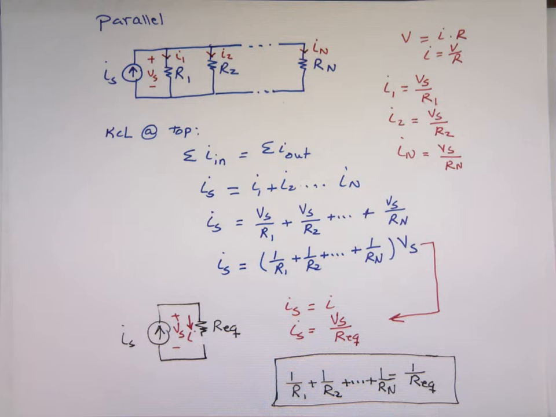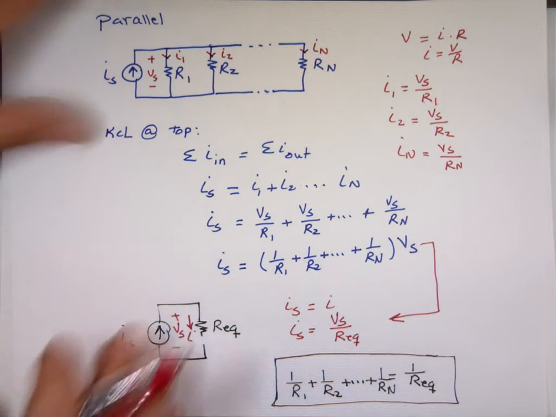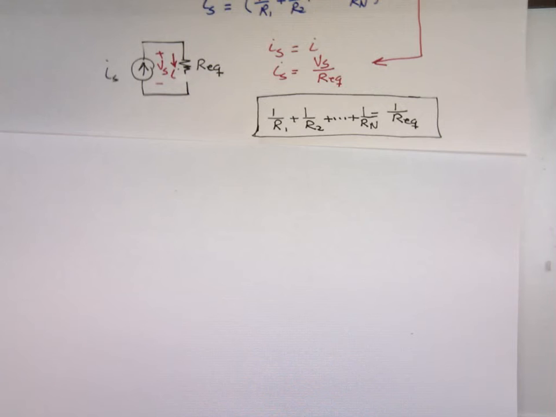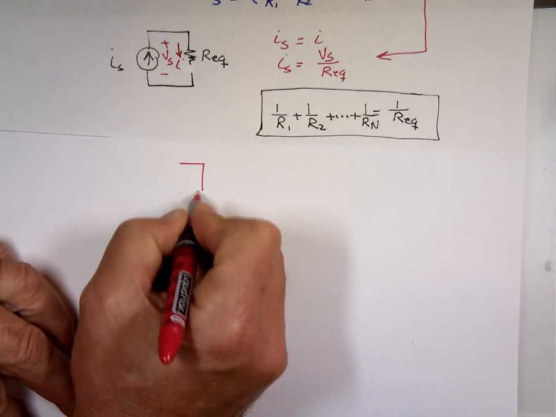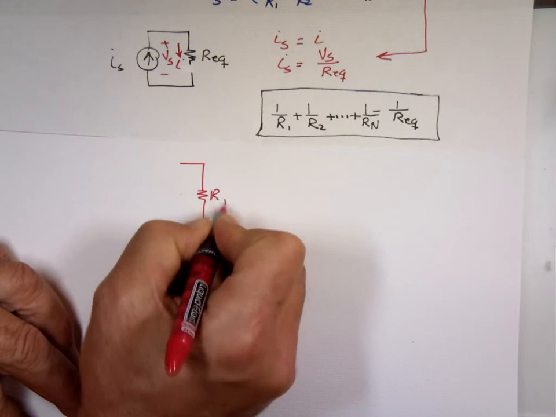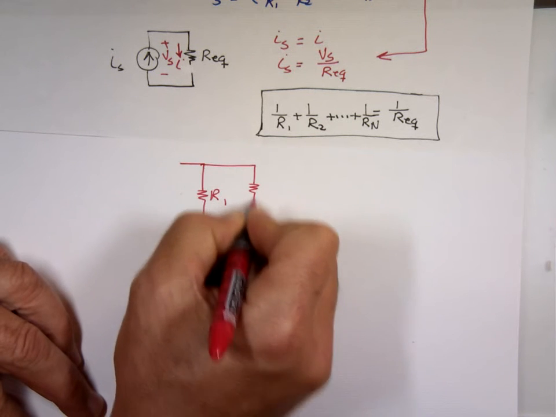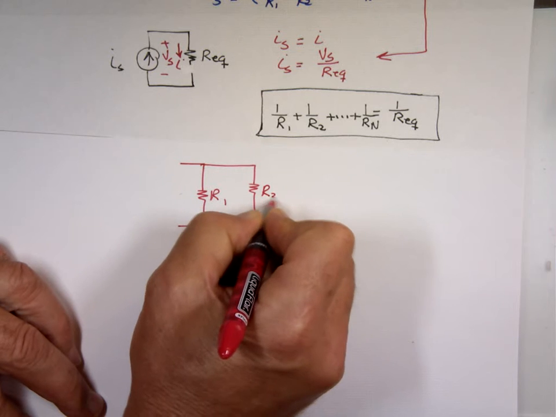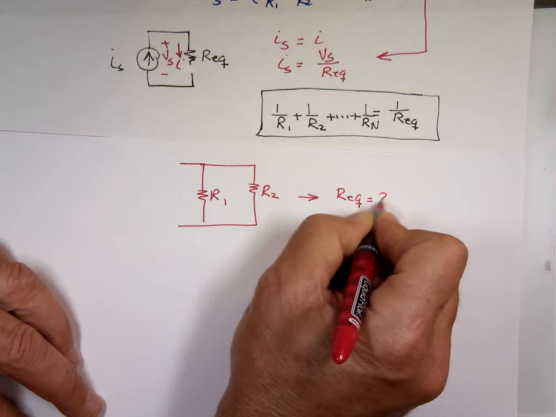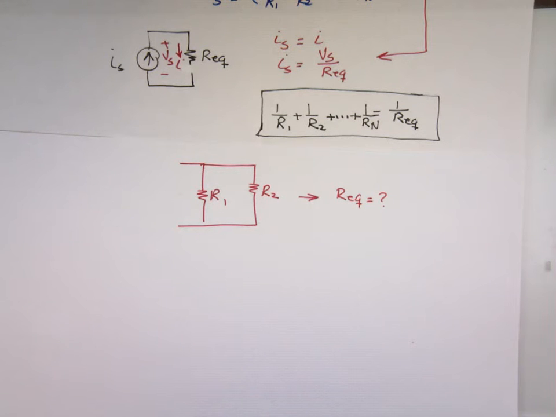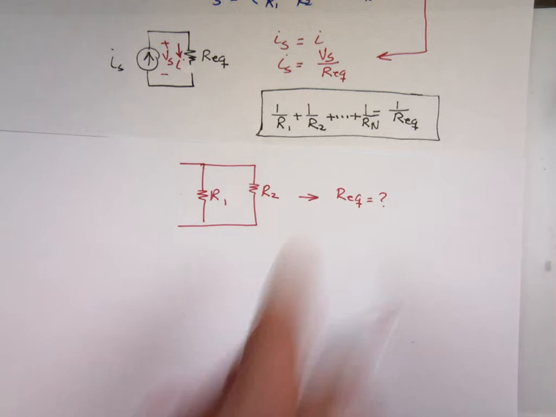That's where the equation came from. Now, if you're decent with math, if you only have 2 resistors, watch the math. If you only have 2 resistors in parallel and you want to find the equivalent of them, well, that's the equation I need to use.